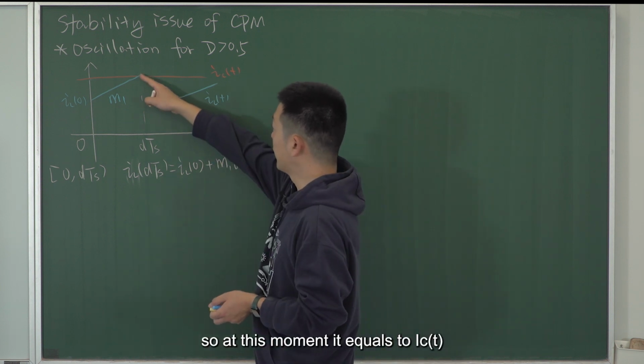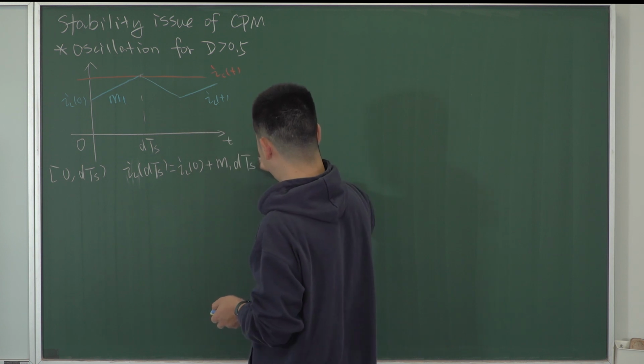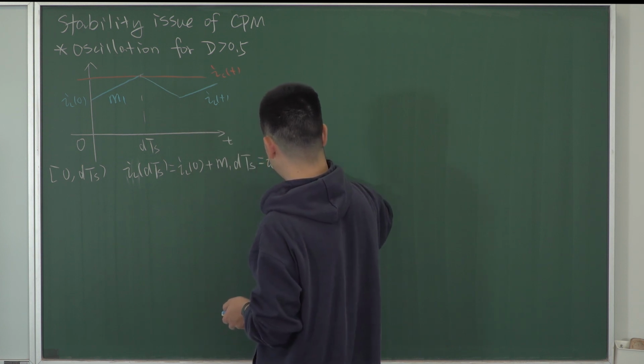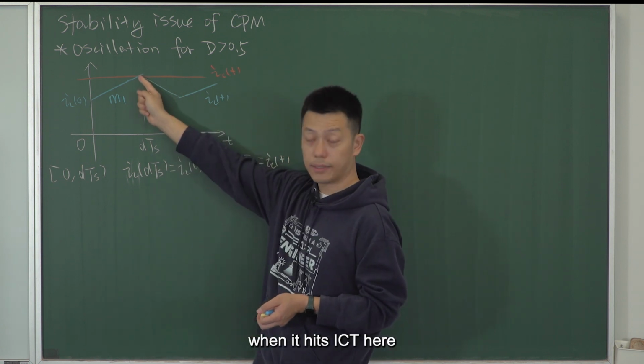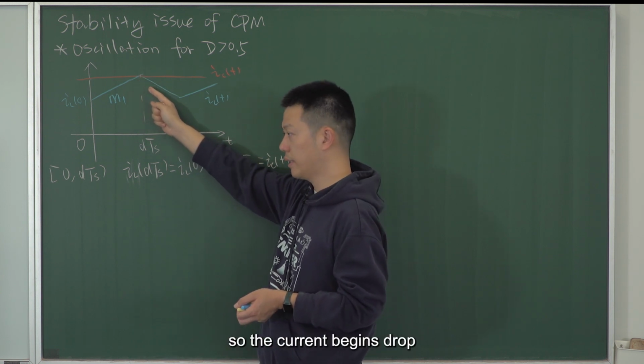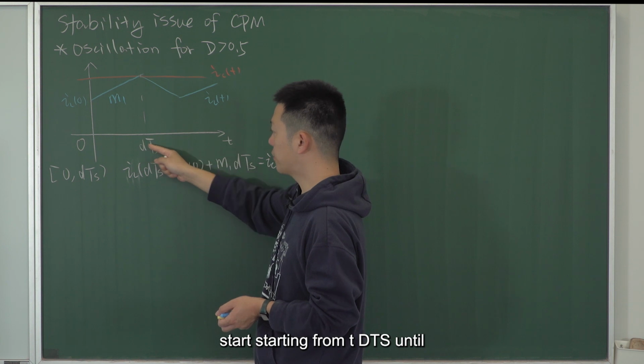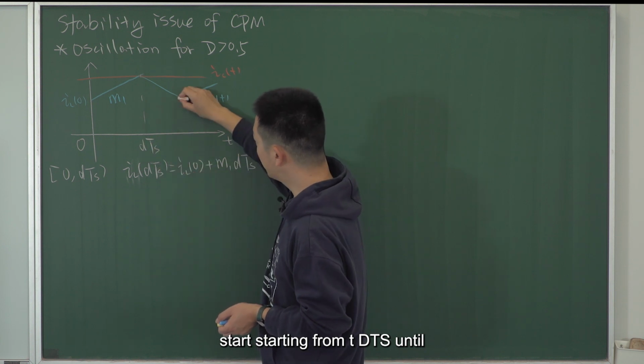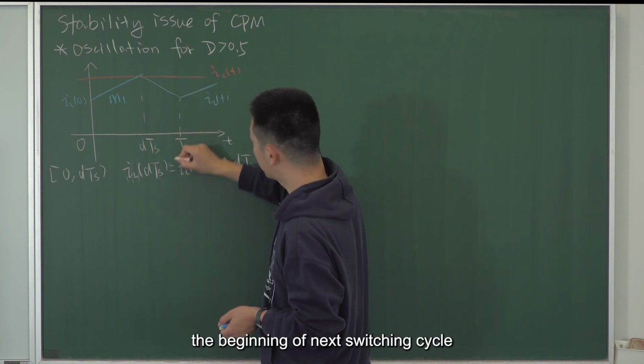At this moment, it equals ICT. When it hits ICT, the switch will be turned off, so the current begins to drop, starting from DTS until the beginning of the next switching cycle.